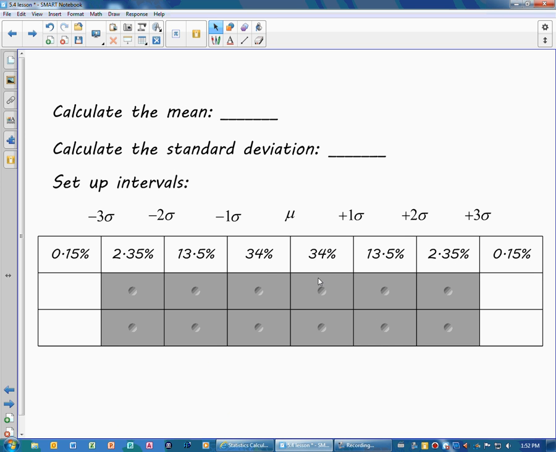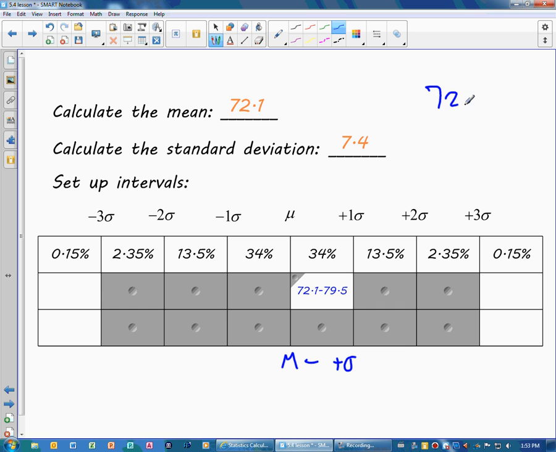So I want to set up a bit of a frequency table, and we calculated the mean to be 72.1, and the standard deviation was 7.4. So this range for my frequency table will be from 72.1 to 79.5, because right here is the mean, and then all the way to 1 standard deviation above.